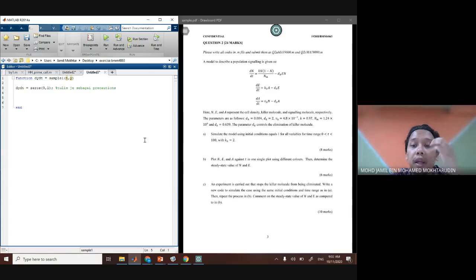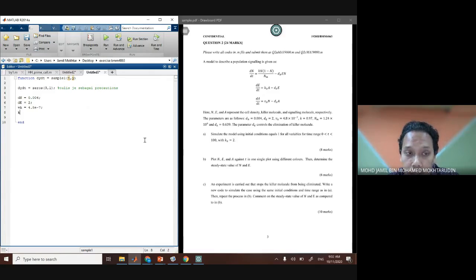And then after that you write all the parameters given. So the first parameter DN equals 0.004, DE equals 2, PA equals 4.8 times 10 power minus 7, K equals 0.97, and M equals 1.24 times 10 power of 9.